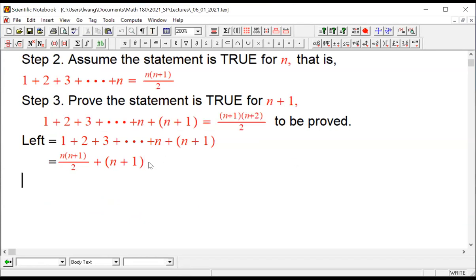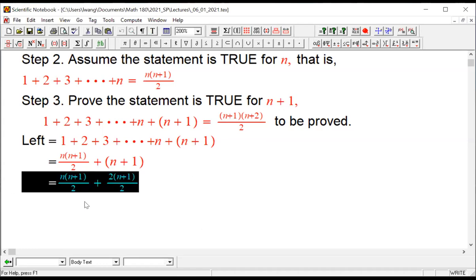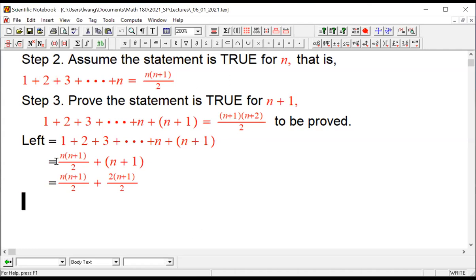Okay, and next, we're going to work with this algebraic expression, which is of course to find a common denominator. The common denominator obviously is 2. So we're going to have 2 times n plus 1 over 2. With that common denominator found, we're going to combine the numerator.